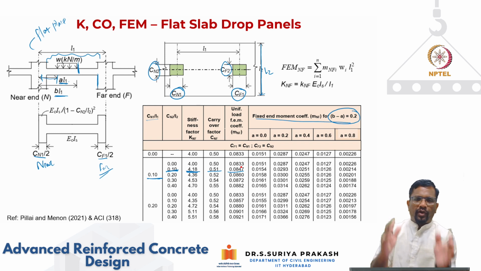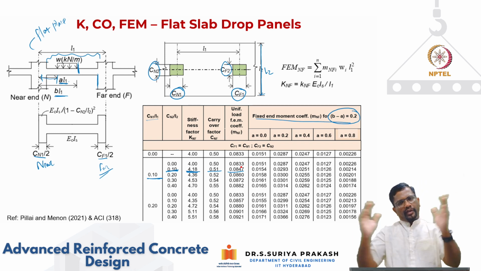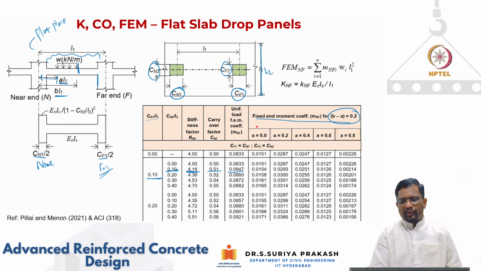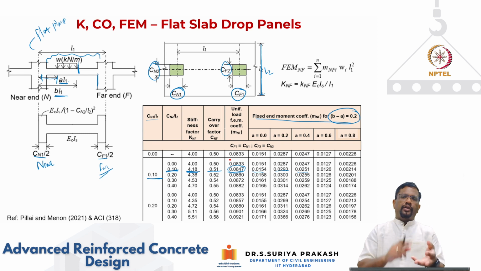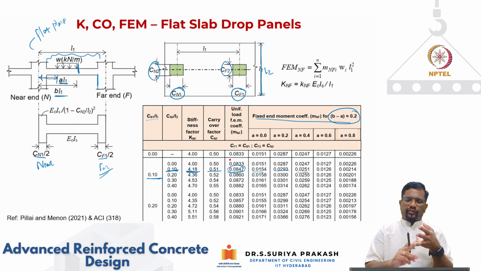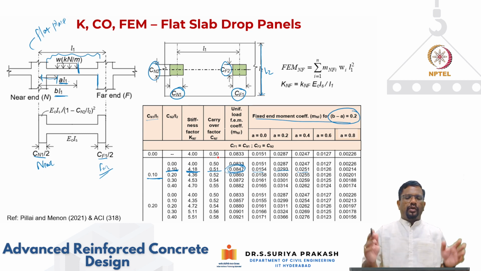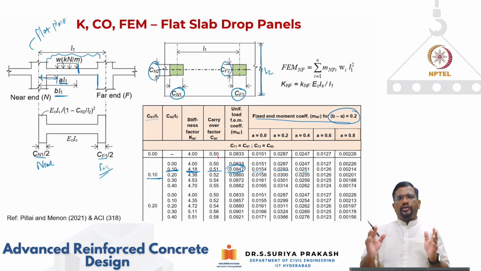But if you have only intermittent loading, not the entire span, then depending upon the A and B values that you have fixed, these fixed end moment coefficients can be found out. If it is uniformly distributed, this is the value that we are going to use. So now we got your K value, your carryover factor C, and also your fixed end moment coefficient. So I now have all the values required for carrying out moment distribution.